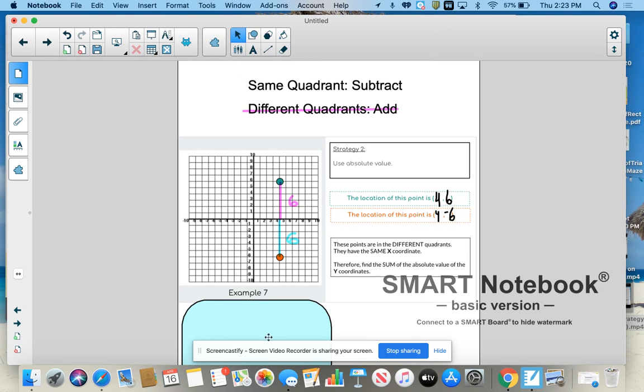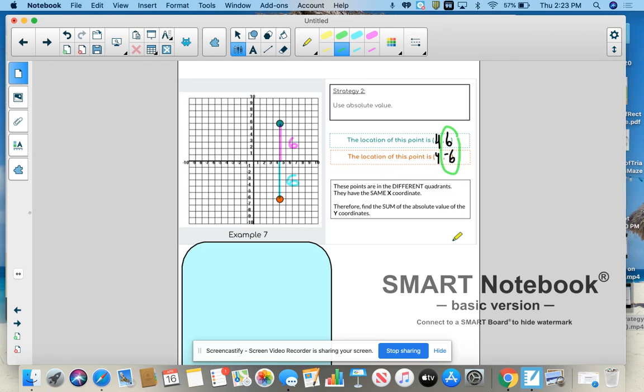So, that being said, if I think about my new strategy and I take a look at my 2 ordered pairs, I see my x's are the same, so I know that I'm going to deal with my y's. And one thing that's different from before, I now have a positive and a negative. Earlier, we just always had 2 positive numbers.